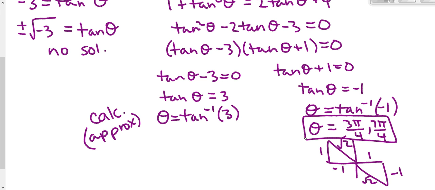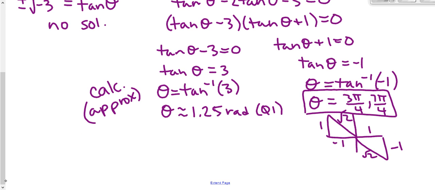So we grab the calculator, we do inverse tangent of 3, we get approximately 1.25 radians, and that is in quadrant 1. Where else is tangent positive? We have quadrant 1, we have quadrant 3. And how far apart are those angles? That's right, they're half a circle apart, pi radians apart.